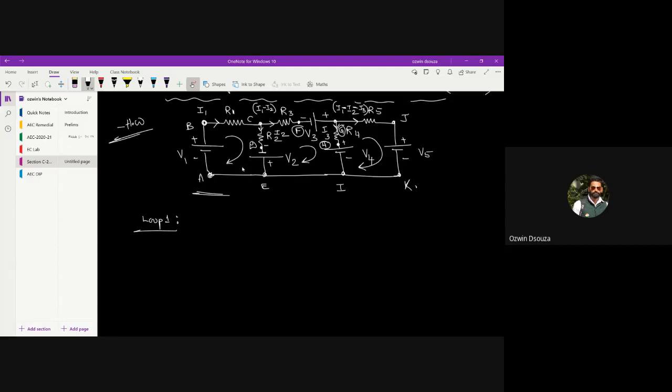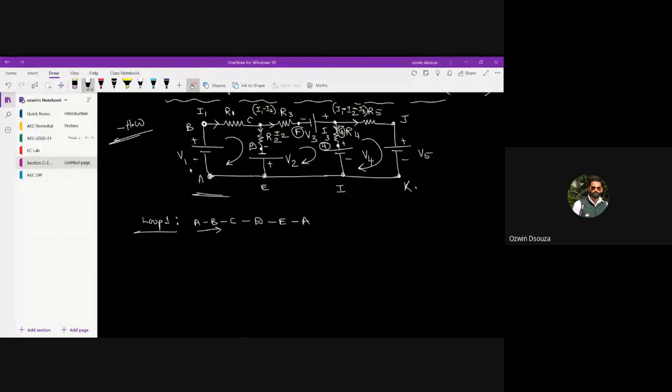All right, so let me write loop 1. I am going to move around loop 1 in the clockwise direction. That's A to B, then C, then D, and then E, and back to A. So my traversal is in the clockwise direction. Let me start collecting the elements. When I move from terminal A to B, I trace the battery from negative potential to positive potential.